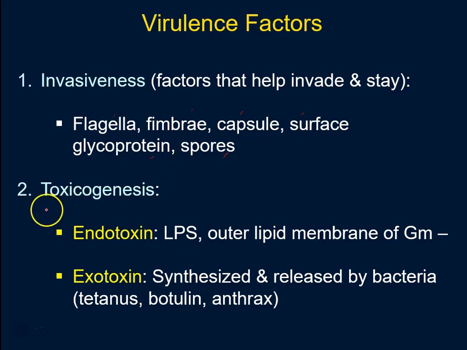Then we have a second group of virulence factors that deal with toxicogenesis. As the name suggests, they produce some sort of a toxin that has an effect on the host. We can divide up the toxins within bacteria into two groups: endotoxin and exotoxin. I just want to say that this is one of the most tricky things that students get confused on in antibiotic lectures and in microbiology.